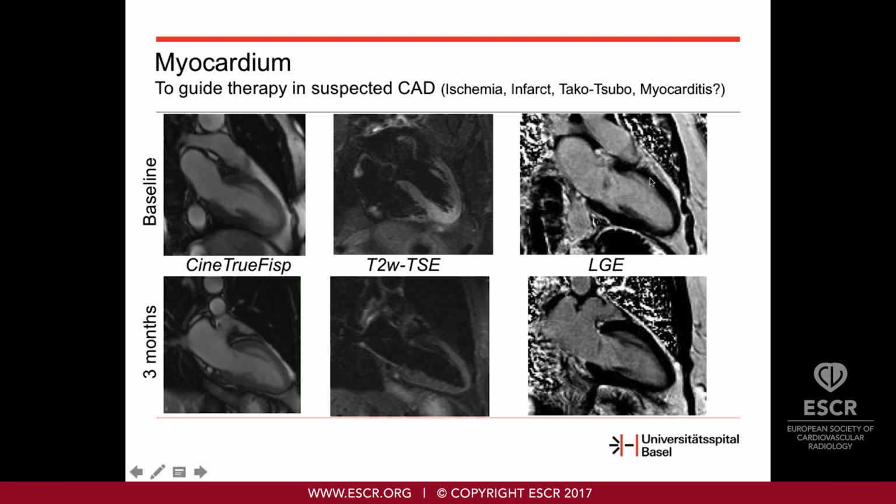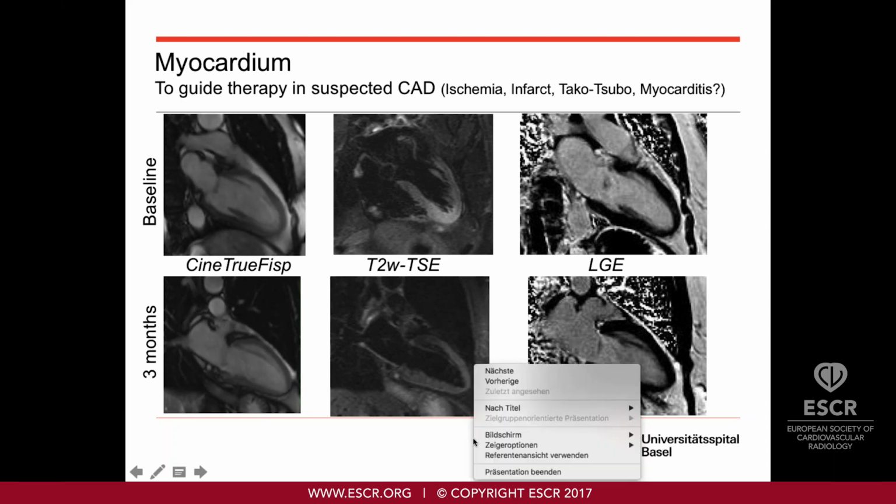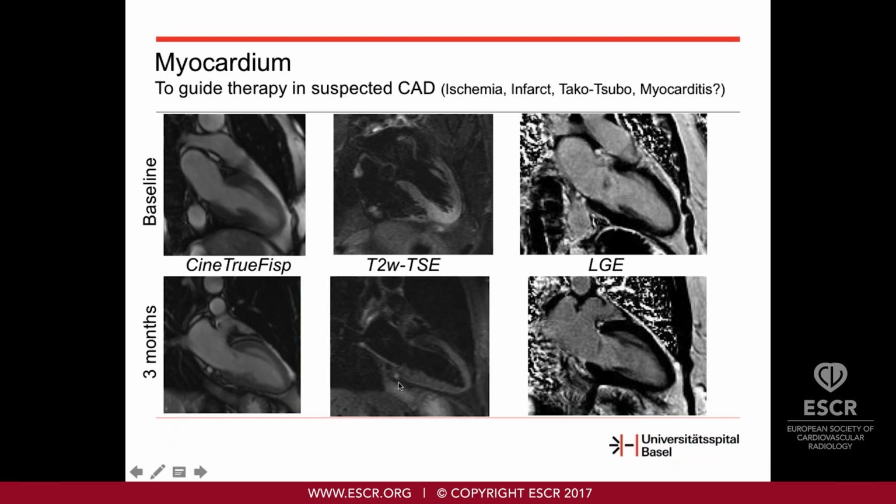So the explanation for these wall motion abnormalities was found in the late gadolinium enhancement images, where we see late enhancement in the anterior wall, septum, and also in the inferior wall, and it's also nicely depicted on this vertical long axis view here in the anterior wall and here in the inferior wall.